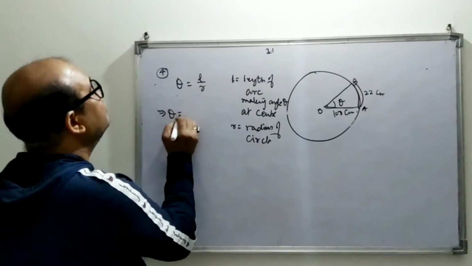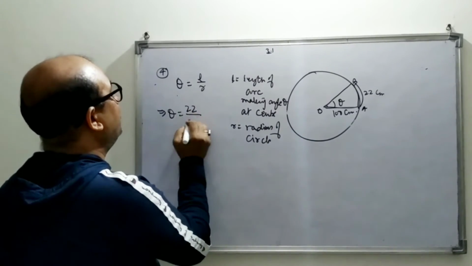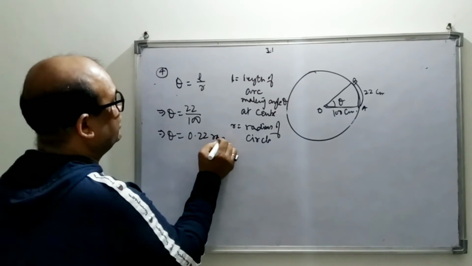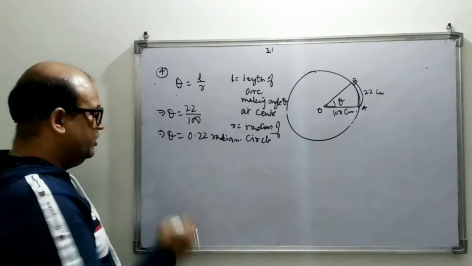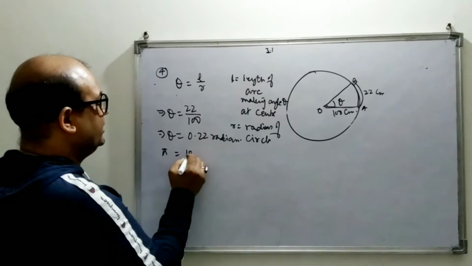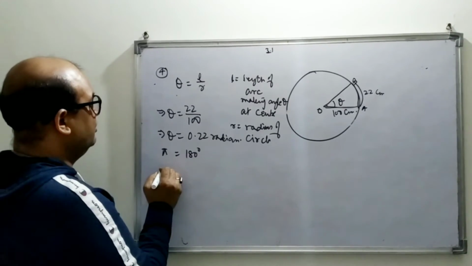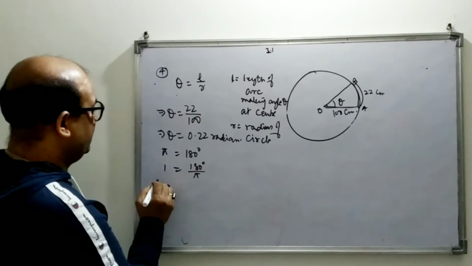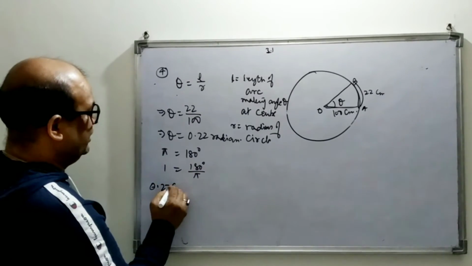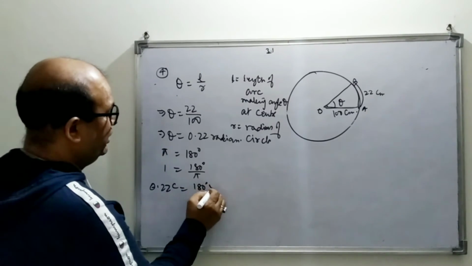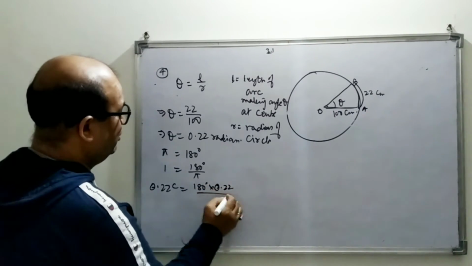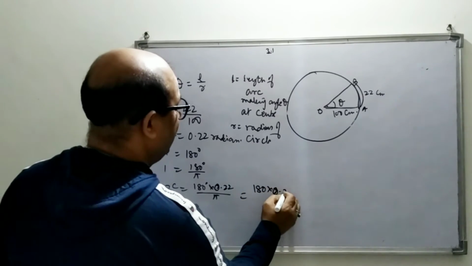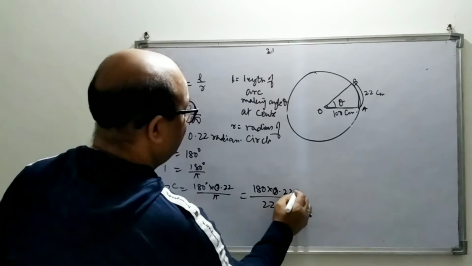Now, theta equal to 22 upon 100. That is theta equal to 0.22 radian. Now, we know pi radian equal to 180 degree. Therefore, 1 radian equal to 180 by pi, and 0.22 radian equal to 180 into 0.22 upon pi. Convert this pi: 180 into 0.22 upon 22 into 7.